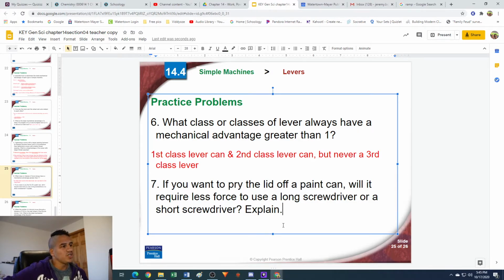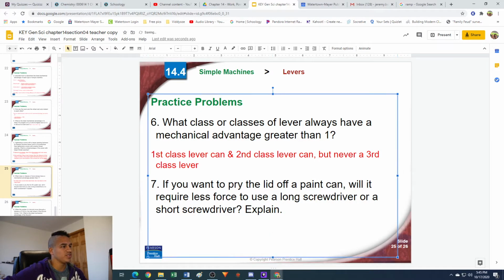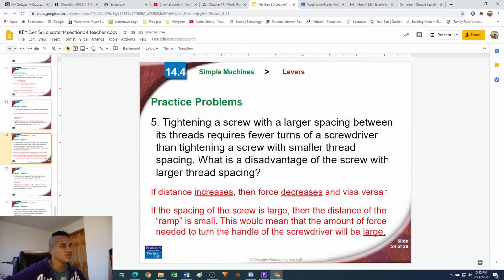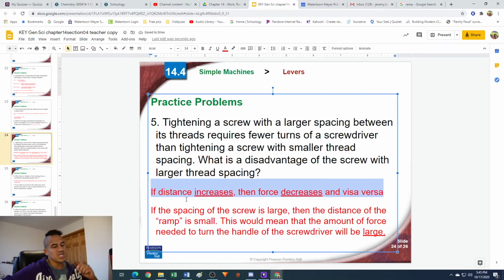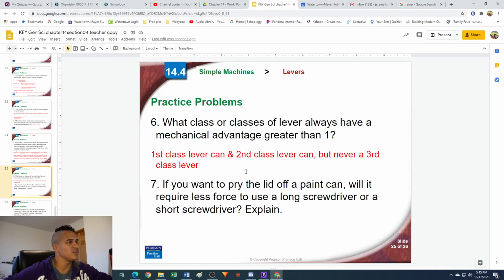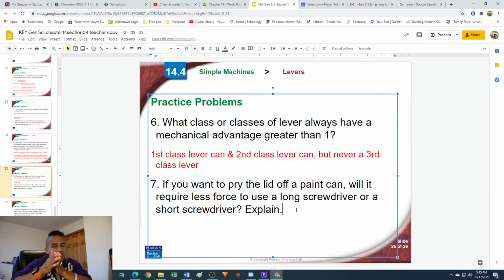All right, number 7, if you want to pry the lid off a paint can, will it require less force to use a long screwdriver or a short screwdriver? Interesting question. This question goes back to this whole premise: if you increase the distance, then you decrease the force. If we have a long screwdriver, we are increasing the distance through which we are pushing.